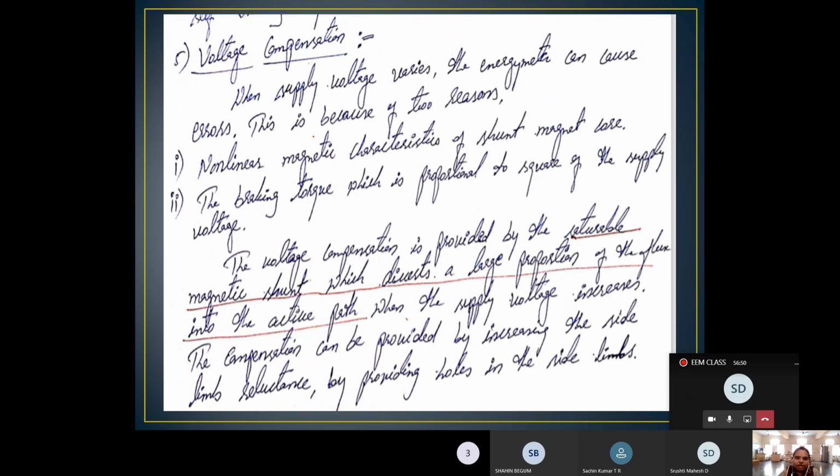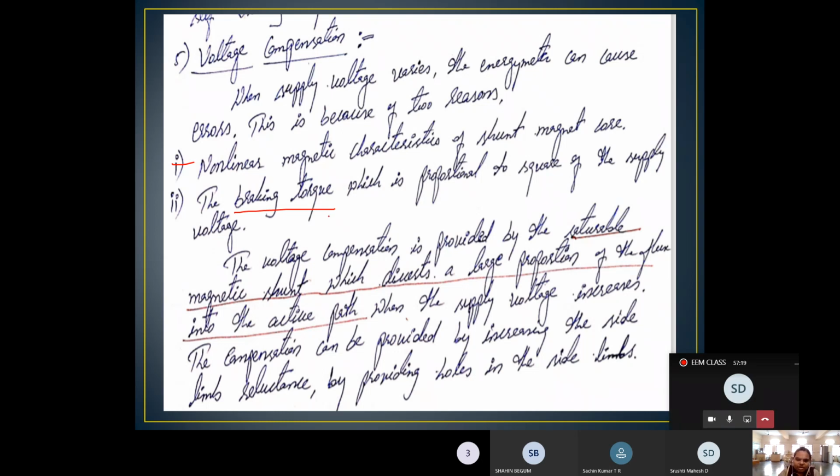The first one is the nonlinear magnetic characteristic of the shunt magnet core due to the nonlinearity of the supply. The second one is the braking torque, which is directly proportional to the square of the supply voltage. Due to these two, error is introduced.